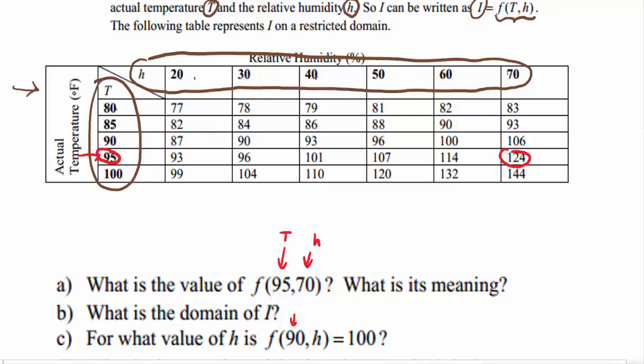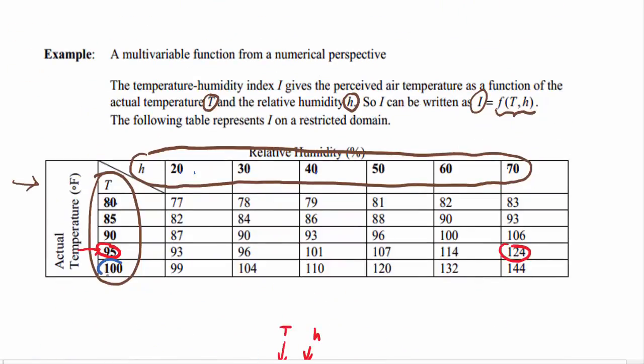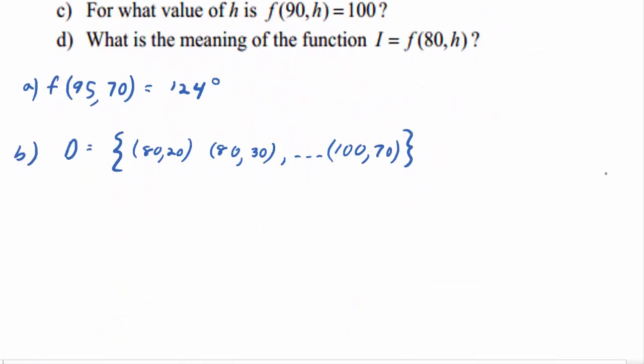I think you'll get the idea if I just say 80-20, 80-30, and just keep listing them all until you get to 170. 170 would be, if you go in the order I suggested, the last value you'd get from this input and this input. So those are the possible input values. Would you agree with that statement?